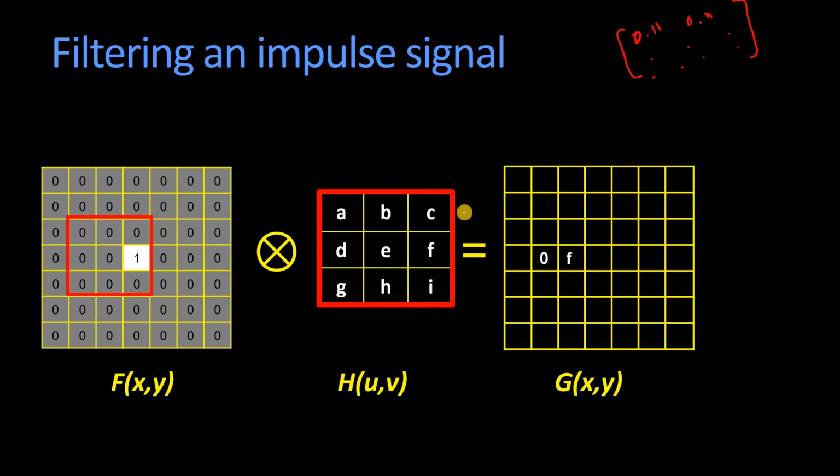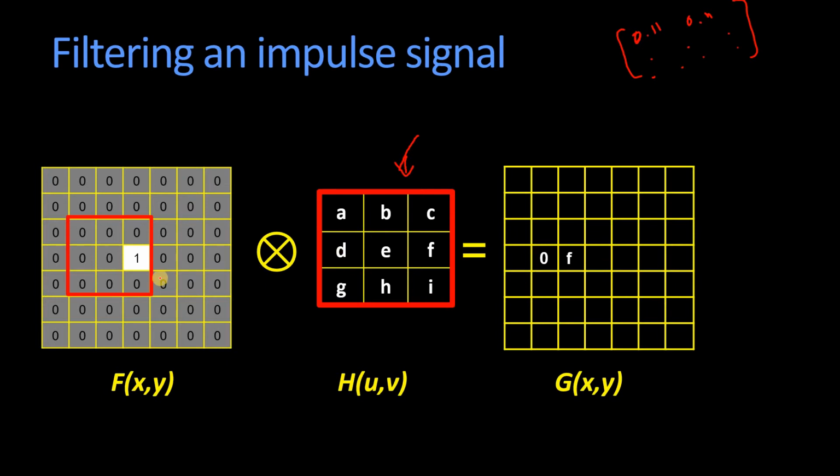But I want to see the result, so we write A, B, C, D. Why don't we write the same value? Because we want to see what the result is in the output. If all the values were the same, the output would not be clear. I choose this mask, which is not a real mask, because I want to see the effect of this mask on the output. So you will see it clearly.